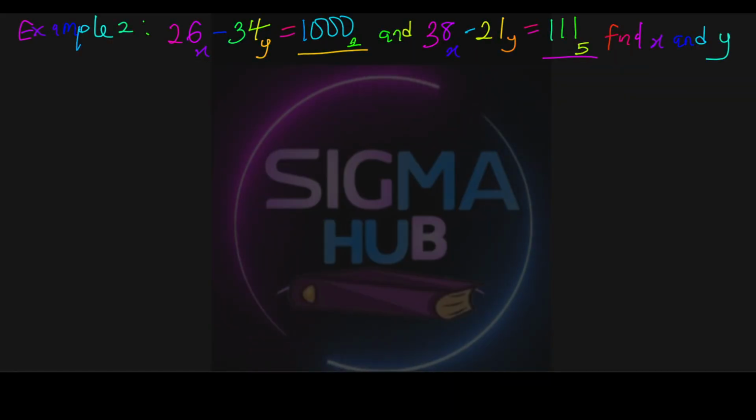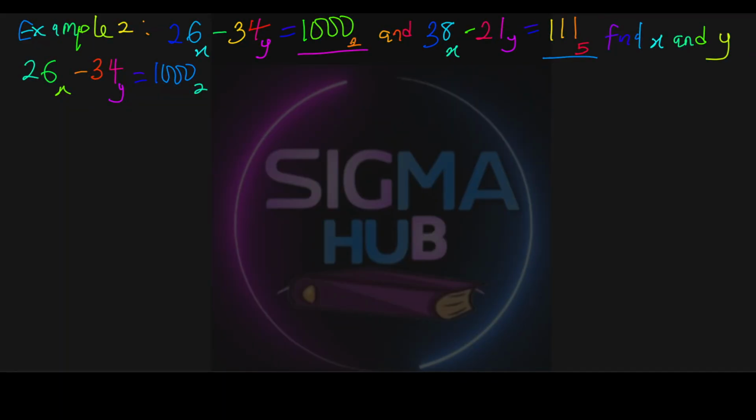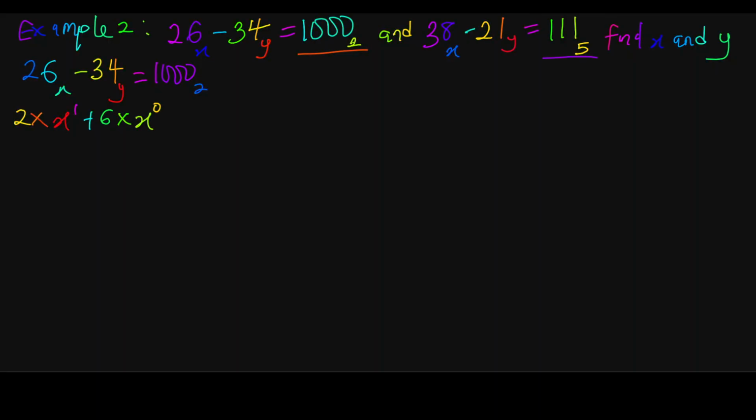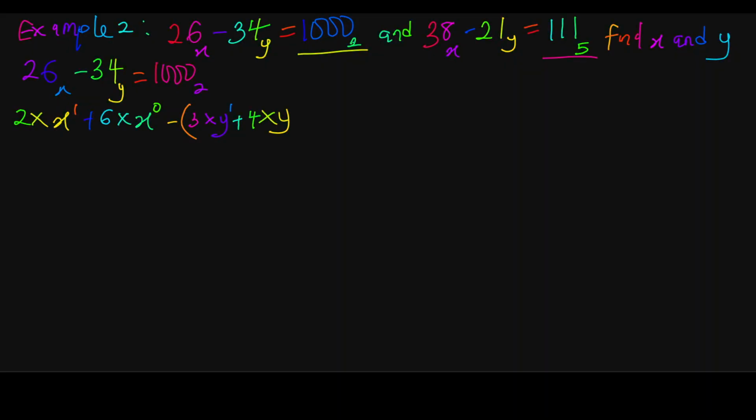So let's start with the first equation that says 26 base x minus 34 base y equal to 1000 base 2. Let's quickly convert all these to base 10. So we have 2 times x raised to power 1 plus 6 times x raised to power of 0, minus 3 times y raised to power of 1 plus 4 times y raised to power of 0.